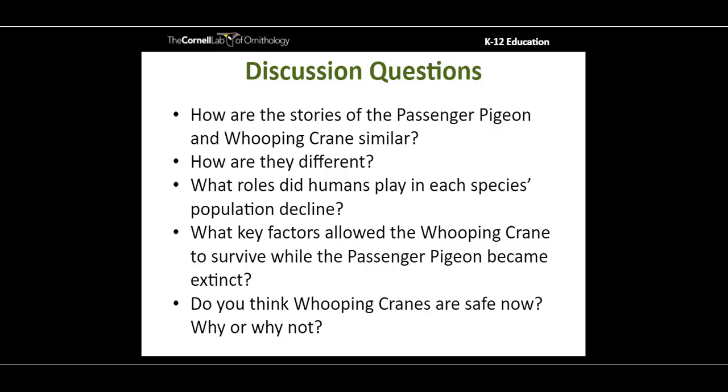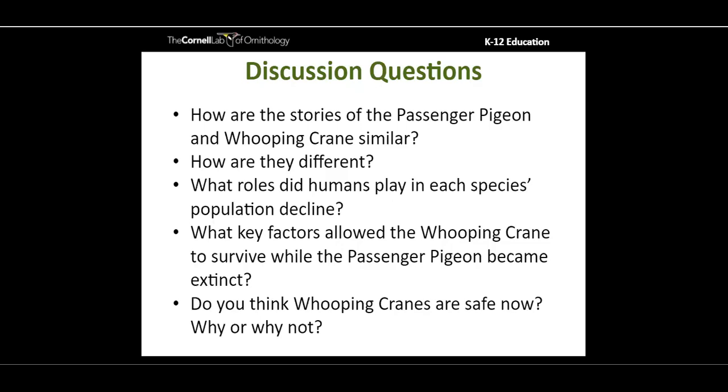And then we had these whooping cranes that evolved with indigenous populations that had a really different way of interacting with the environment, and so really weren't prepared for large scale conflict with European settlers.